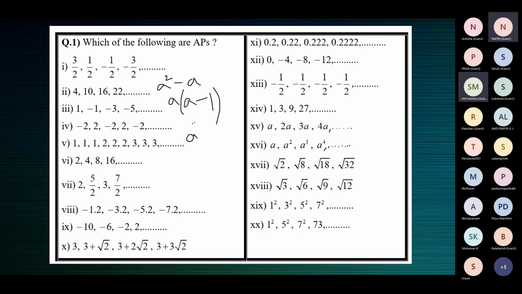A cubed minus A square, you can take out A square common and write it as A minus 1. So you can see that the difference is not the same. A into A minus 1, then A square into A minus 1. So in the 16th one, the sequence does not form an arithmetic progression. Instead, it forms a geometric progression because of the presence of a common ratio, not a common difference.